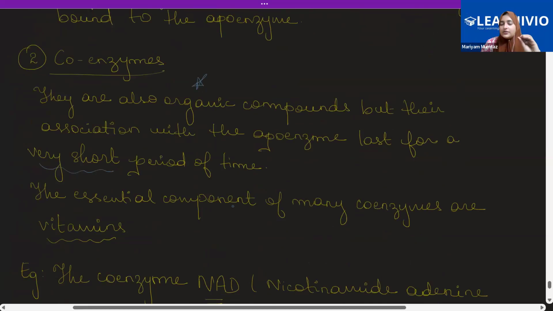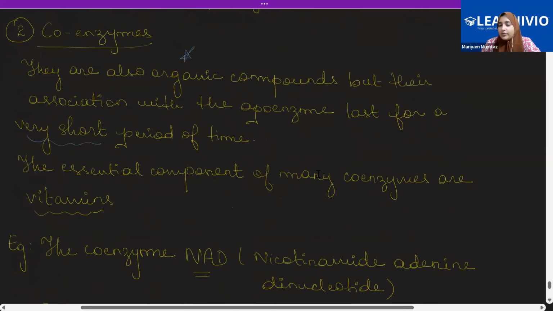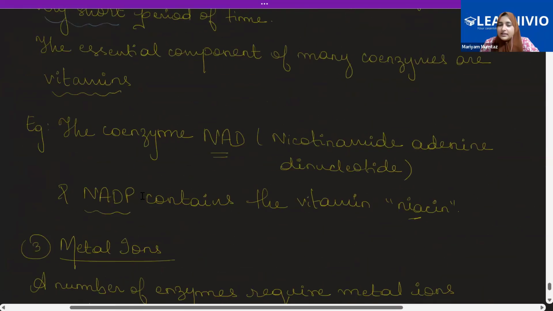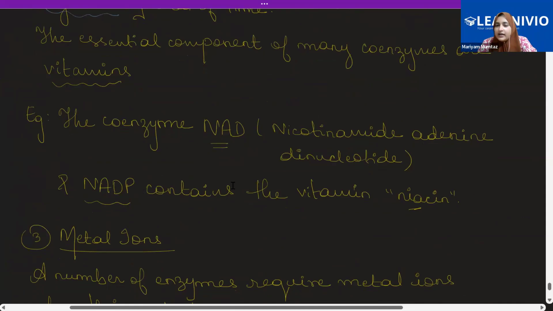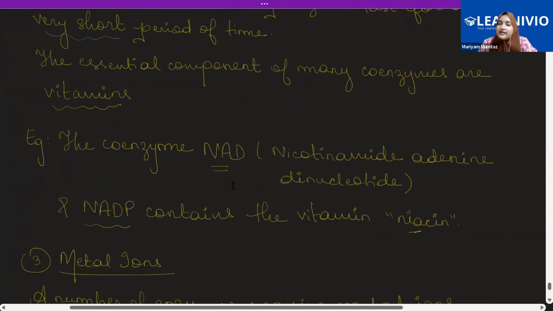The essential component of many coenzymes are vitamins. For example, the coenzyme NAD, nicotinamide adenine dinucleotide, contains the vitamin niacin, which increases its efficiency.